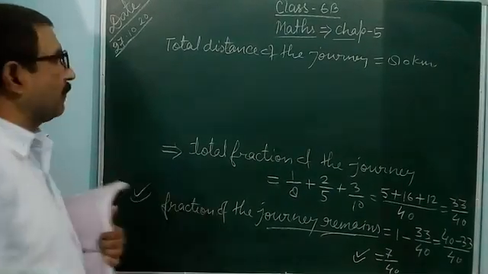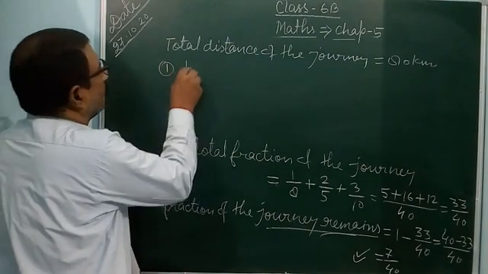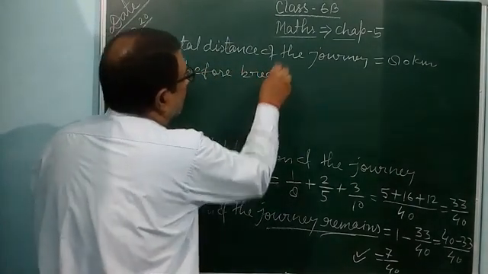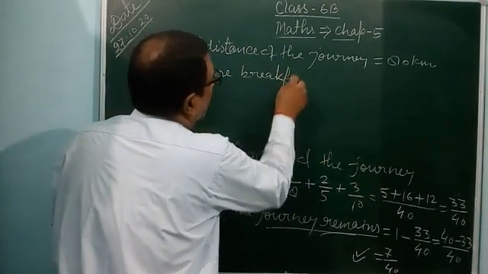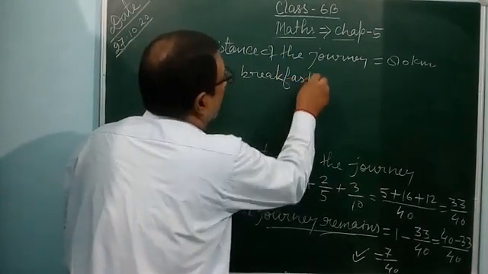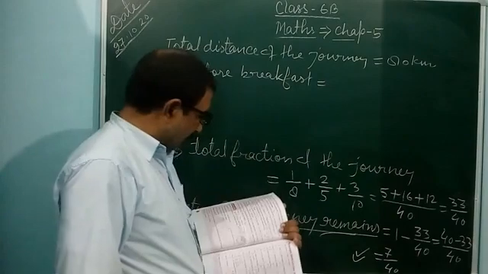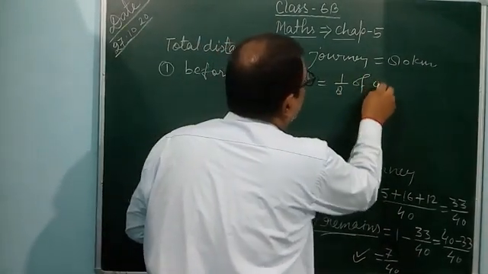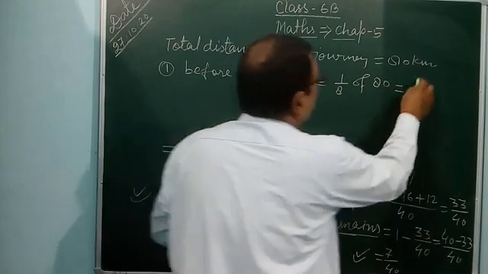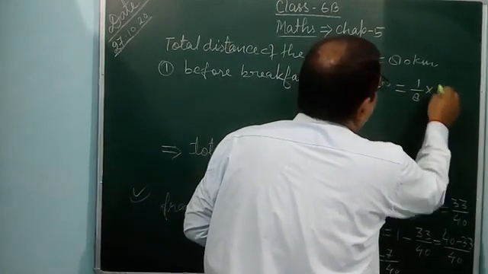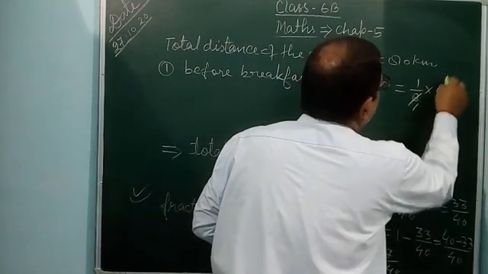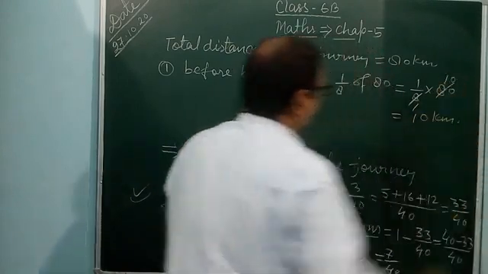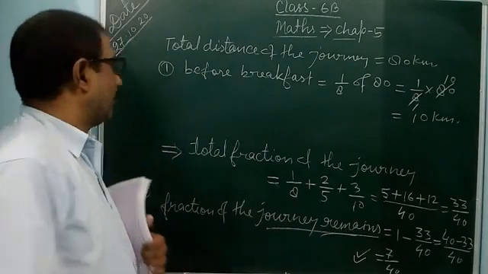So before breakfast, you can calculate how. Before breakfast it is given 1 by 8. So 1 by 8 of 80 means 1 by 8 multiplied by 80. 8 1s are 8, 8 10s are 80, means 10 kilometers.